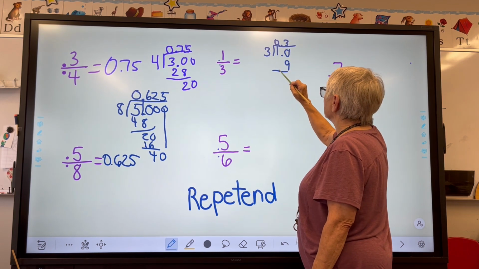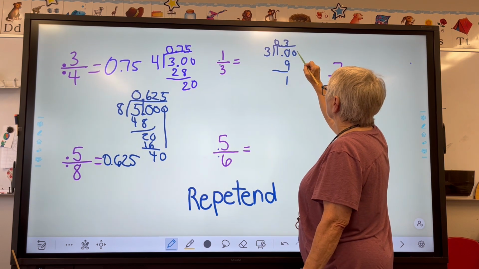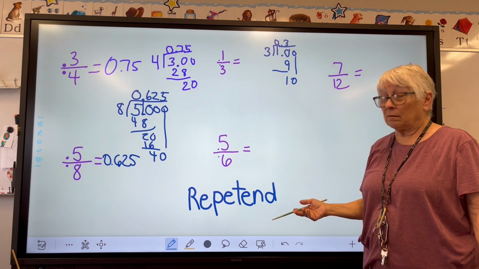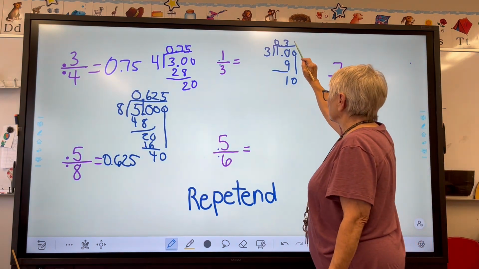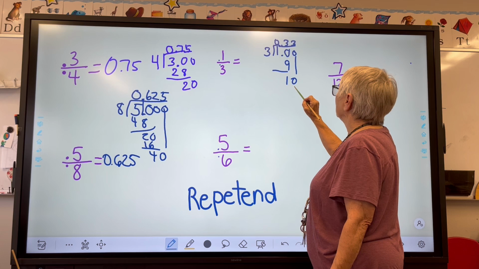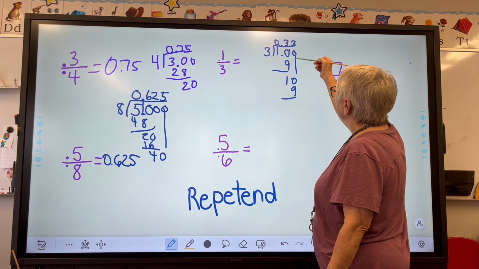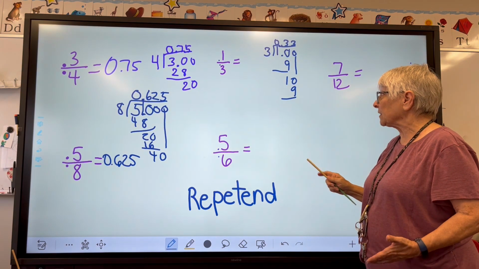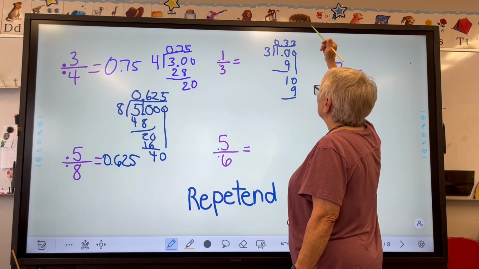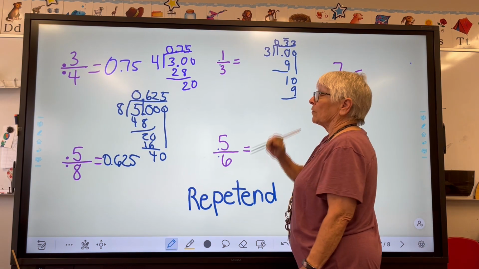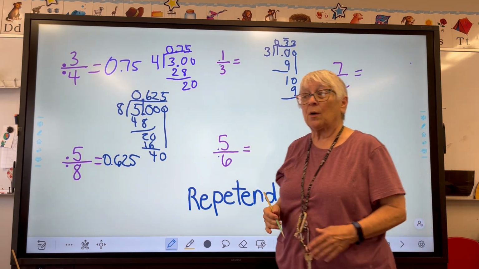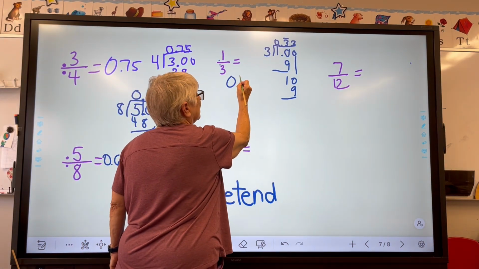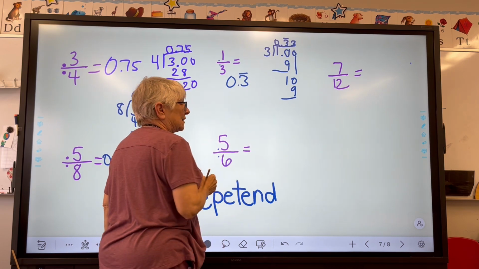That's 9. 1. Add another 0, bring it down. We're going to get the same thing. It goes in there 3 times. 9. And this 10 minus 9 is going to continue to repeat. That's called a repetend. When that happens, we put a line over the one number that repeats, or the 2 numbers, or 3 numbers, however many are repeating. And this one is 0.3 with a repetend line.